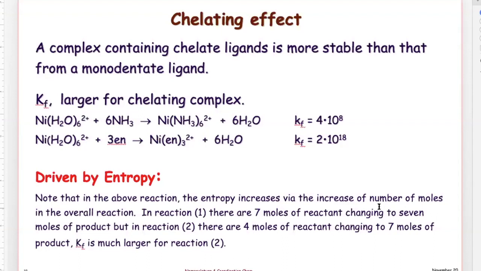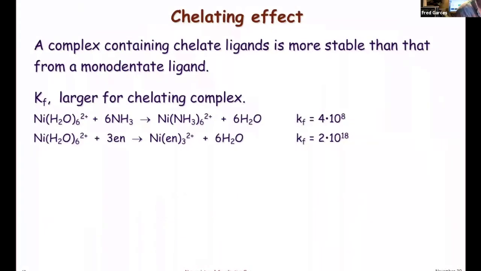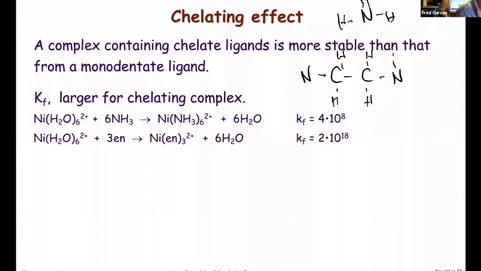Remember ethylene diamine? Ethylene diamine, this is the ethyl part. And then this is the amine part. It's like ammonia, except now, one of the hydrogens is replaced by this whole group right here. And then there's your lone pair.